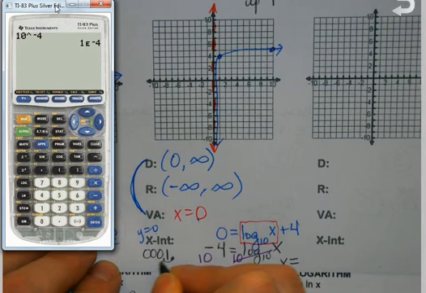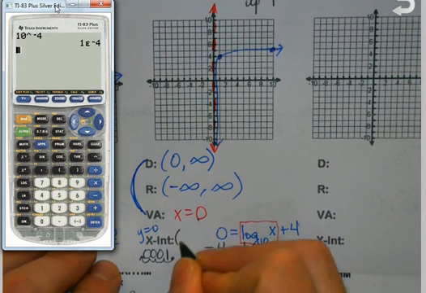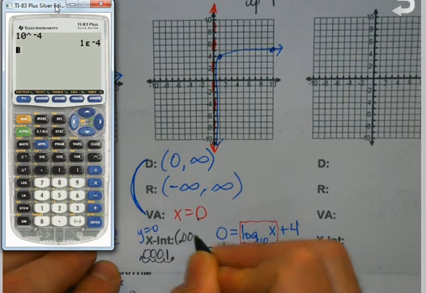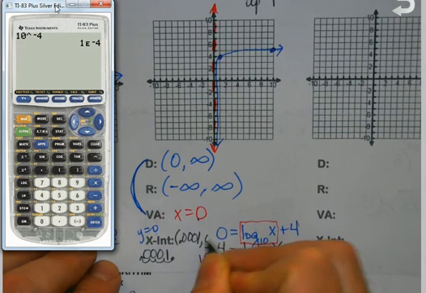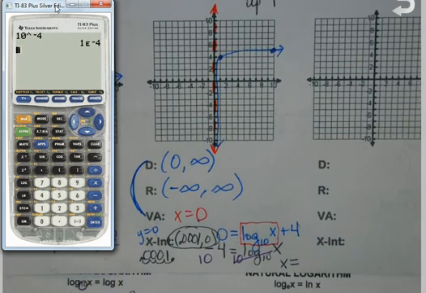So 1, 2, 3, 4. So my x-intercept is at 0.0001. That's a really tiny number. That's really, really close to 0. But that's what we've got to do sometimes if the chart can't help me.